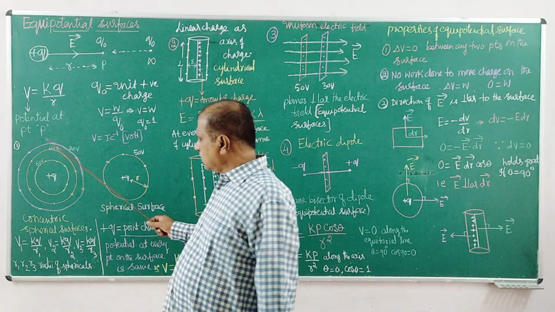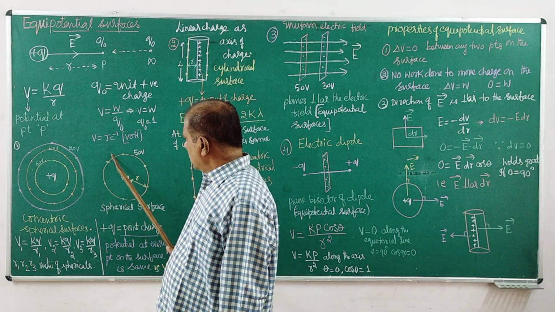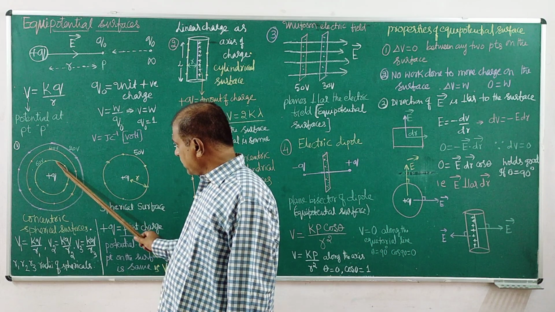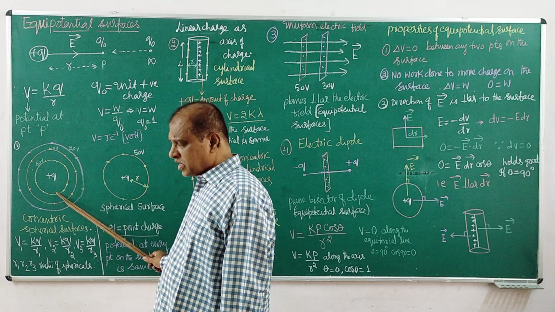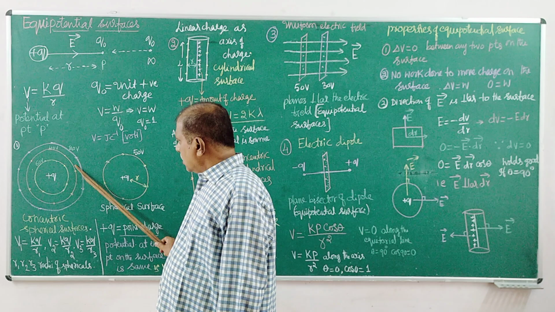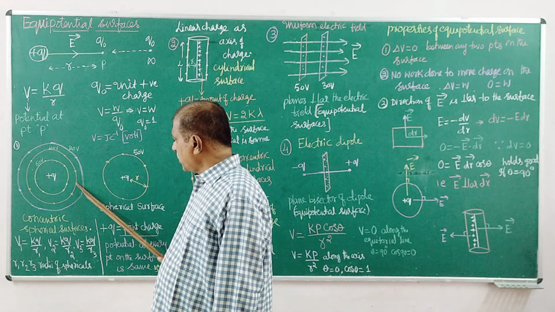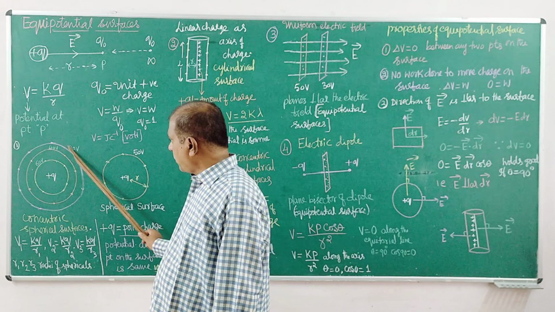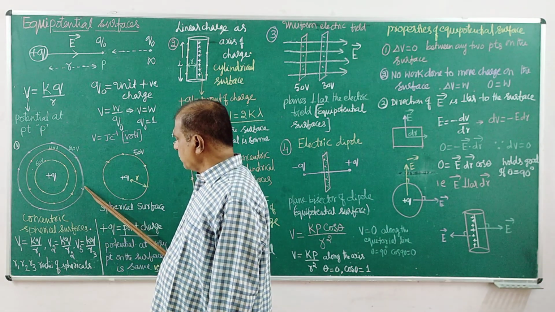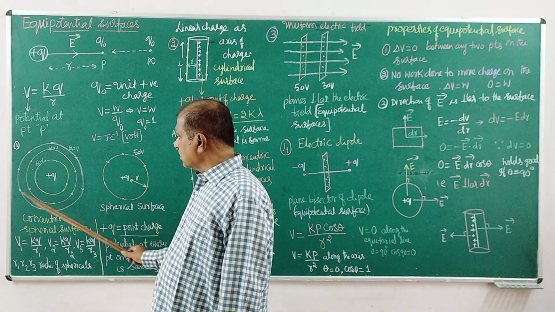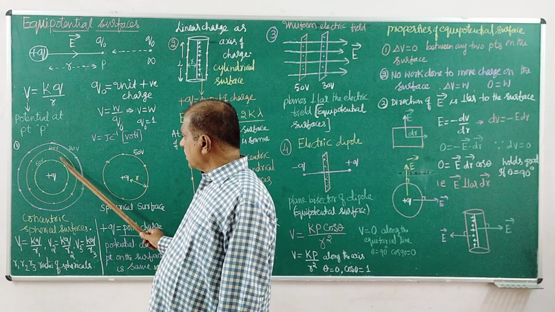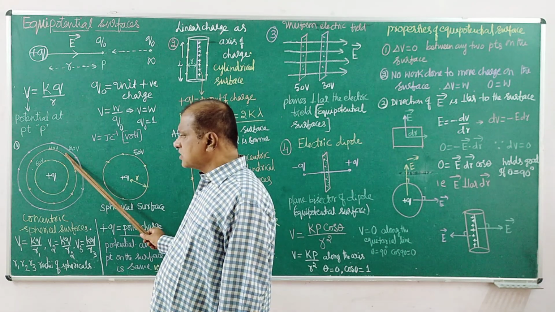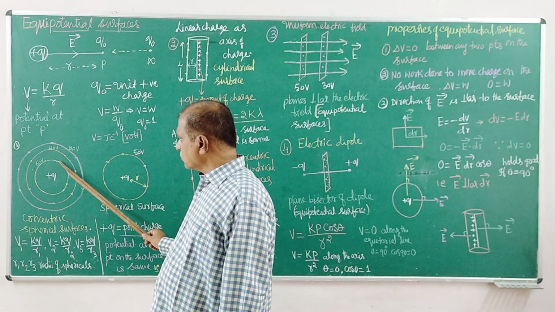What is the difference here? Like this, every point on the surface has the same potential. Every point on the surface, same potential. The circle is bigger, that is, the radius is bigger. Every point on the surface, same potential. But look here, these surfaces do not have the same potential.